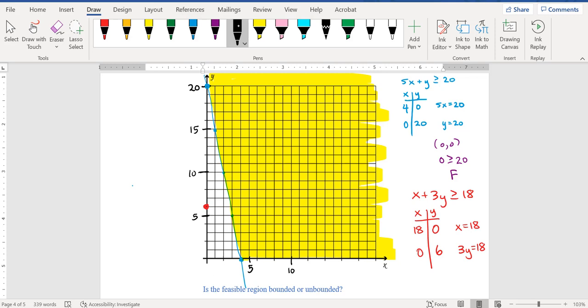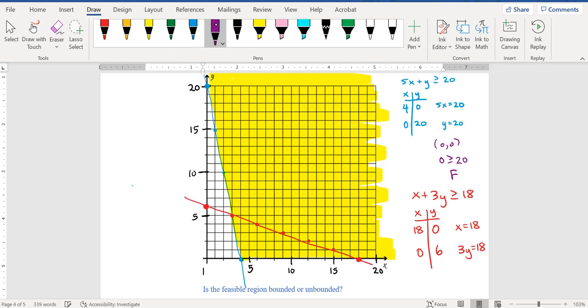1, 2, 3, 4, 5. So 18, 0 would be here. So down 1, right 3. Down 1, right 3. Okay, so here's that line.